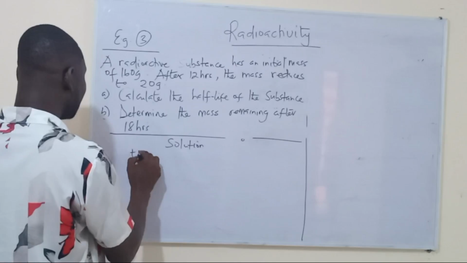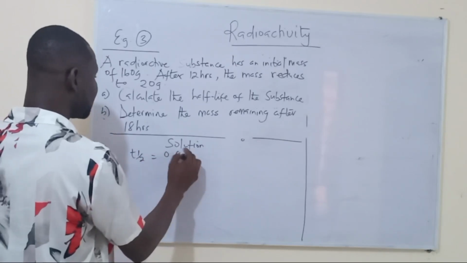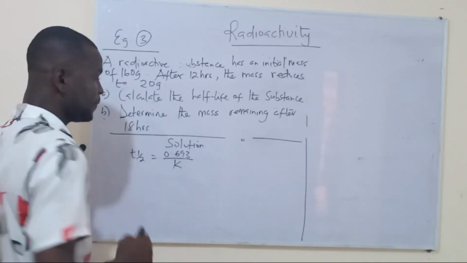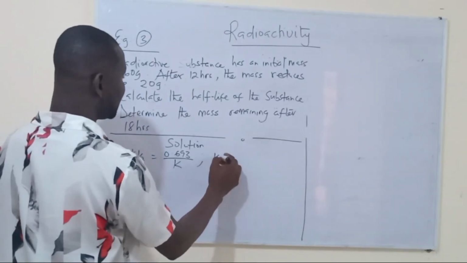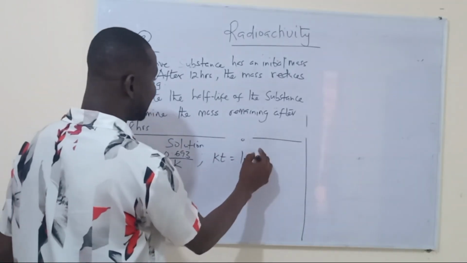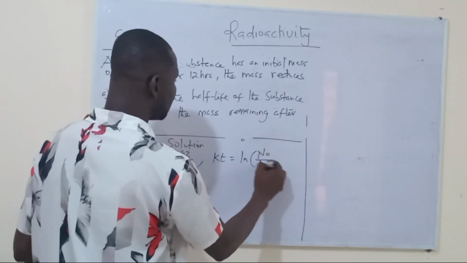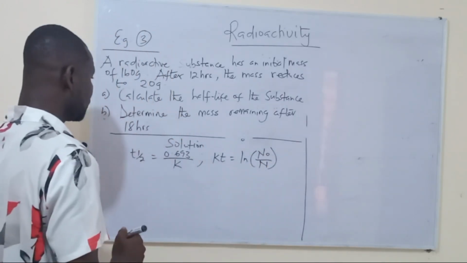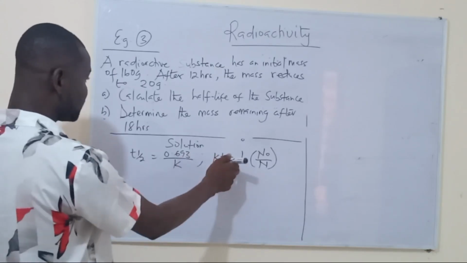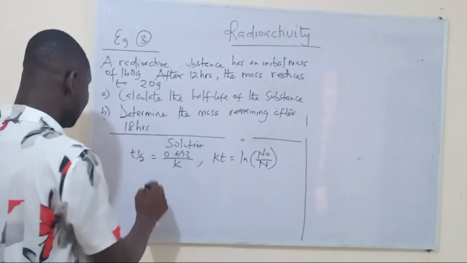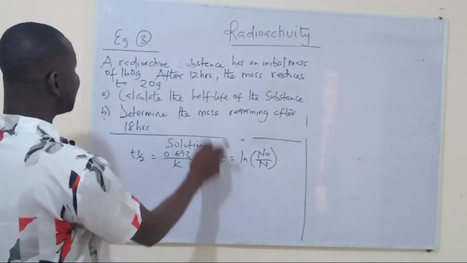I know that half-life is equal to 0.693 on K. I don't know K, but I know that KT is equal to ln(N0/N). So I will first of all find K using this formula. My time here is 12 hours.